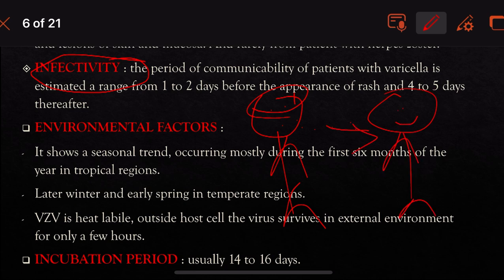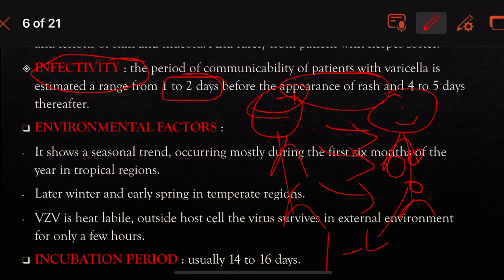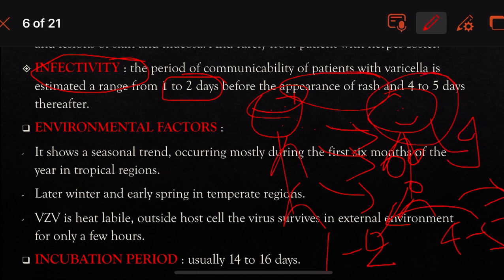So how long does it take for the infection to get established in the second person? Before the rashes appear on the body, 1 to 2 days before the appearance of rash, and also 4 to 5 days after the appearance of rash, this person remains infective.